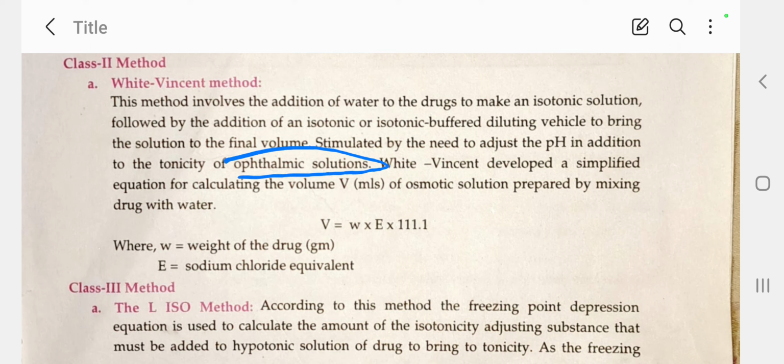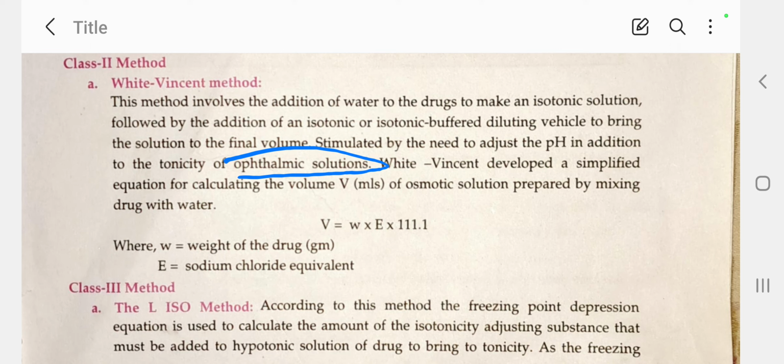We already know why we have to bring a solution to isotonicity: if we inject it, or apply it on the eye, nose, or some other tissue, it will not hurt or give discomfort to the human body.